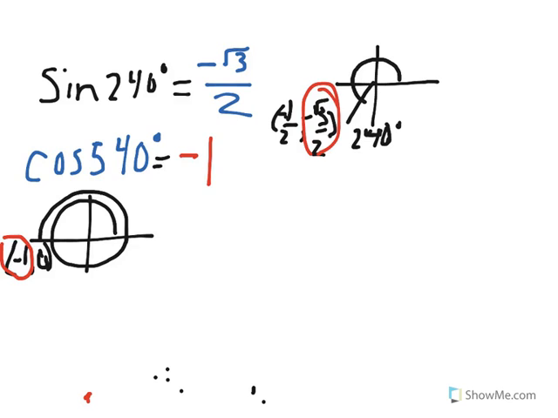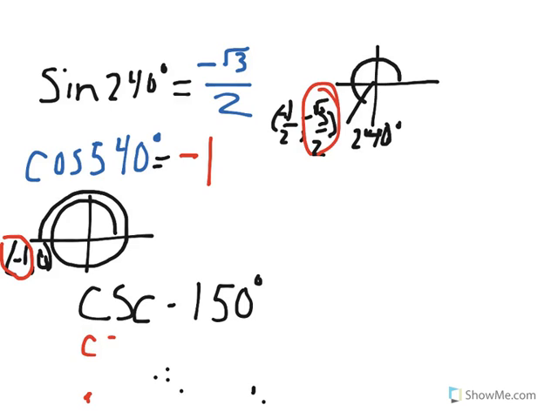Okay, let's try another example. How about, let's do one of the other 6 trig functions. Now let's try cosecant of -150 degrees. Now if you remember, cosecant is the reciprocal of sine.